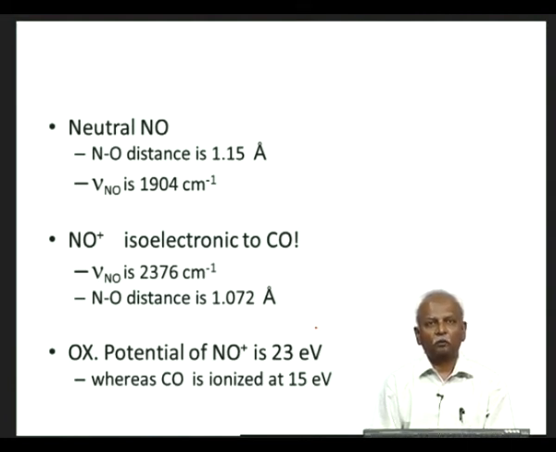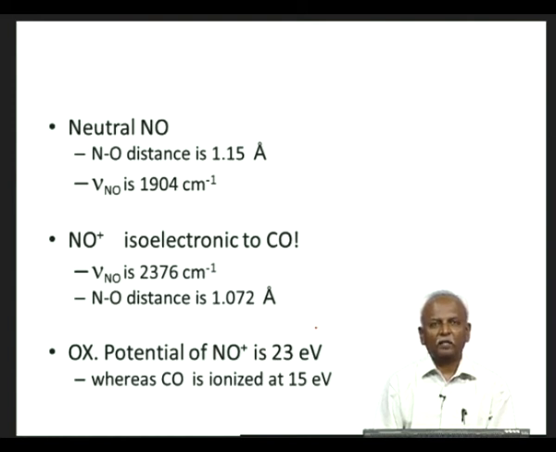The neutral nitric oxide itself has a nitrogen oxygen bond distance of 1.15 angstroms. So, this distance is slightly longer than what you would expect for an N triple bond O, and that is understandable because you have one electron on the pi star orbital which is antibonding.